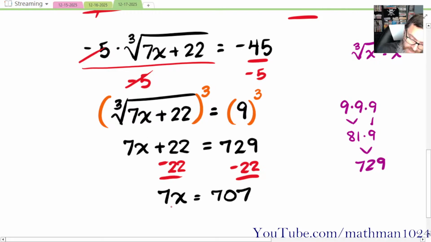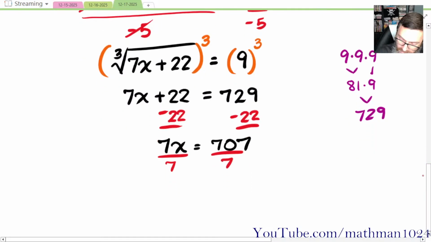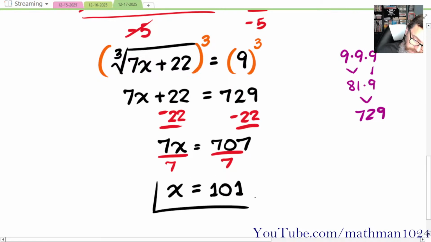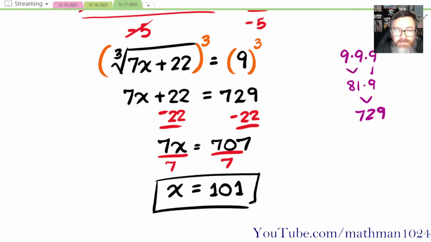Then we divide both sides by 7, and you do the division here, you get x equals 101. There you go. Not too bad.